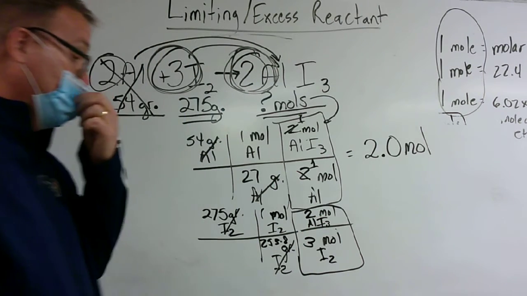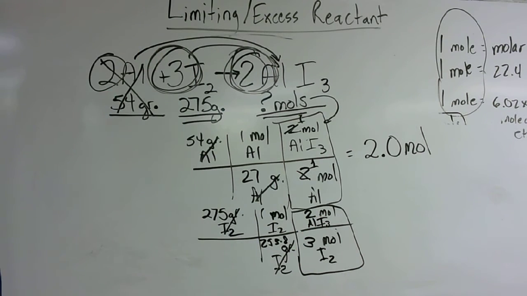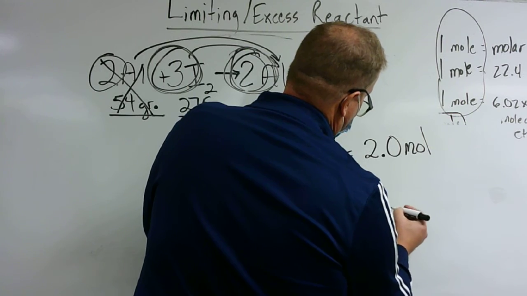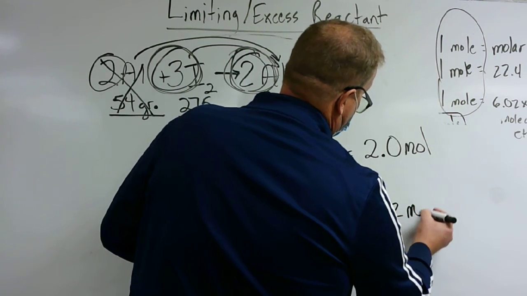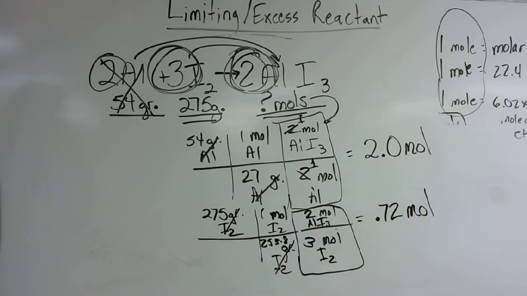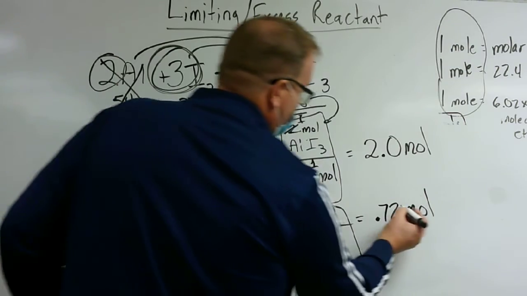I can't cancel those out, so I have to calculate that one. And I end up with 0.722 moles, but I'll just put 0.72 moles. I probably need to put 0.722 moles.